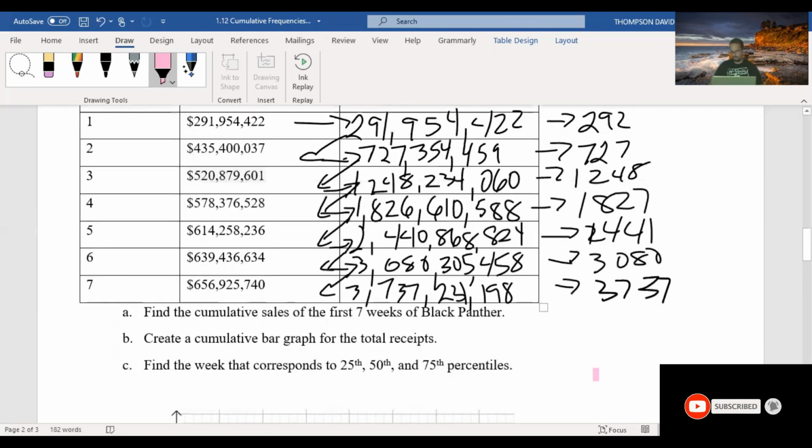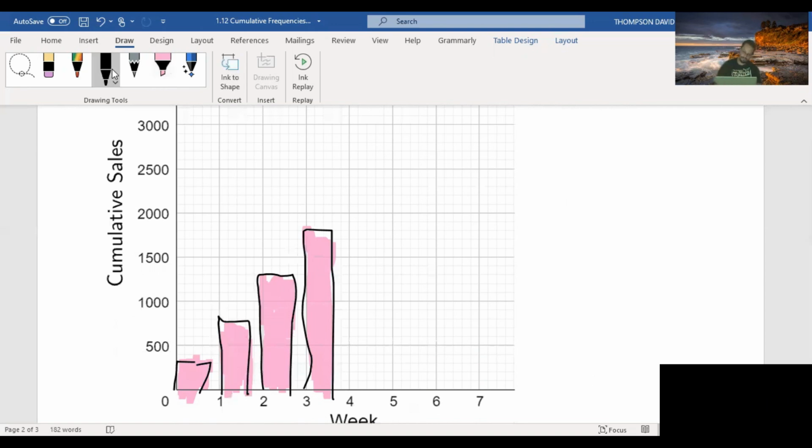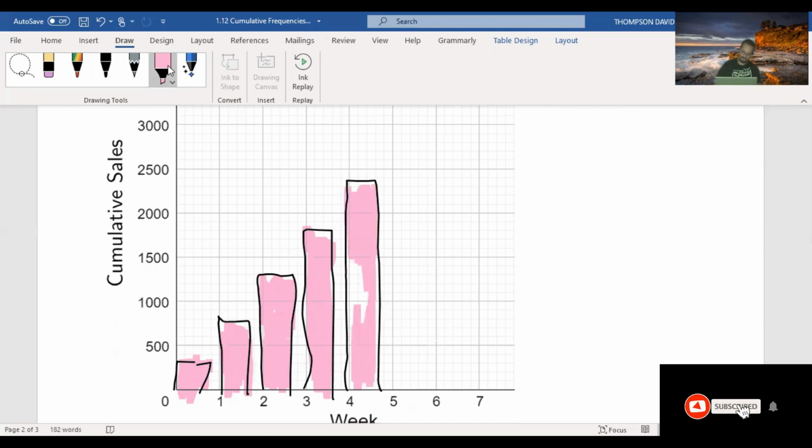The next one will be 2,441. So that'll be between 2,000 and 2,500. We'll fill it in with pink. Take note, I'm not letting my bars touch because this is not a histogram. This is a bar graph.